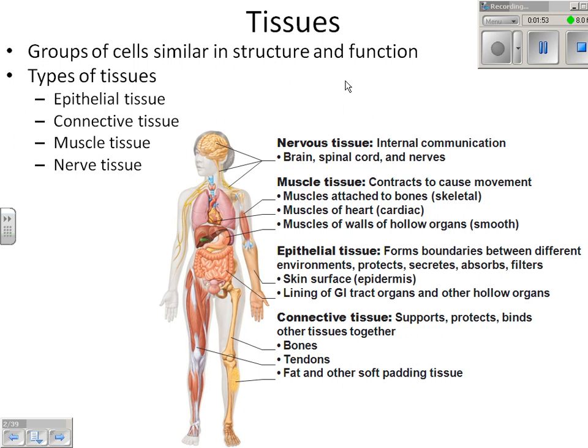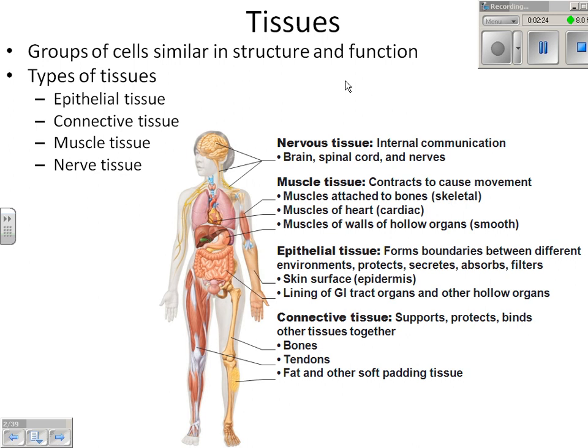The specific functions are forming boundaries, protection, secretion, absorption, and filtering. So when you have those, epithelial tissue is primarily involved. Your skin, the epidermis portion of your skin, is made up of epithelial tissue. And of course also it lines all the organs, and we'll talk a little bit about that.